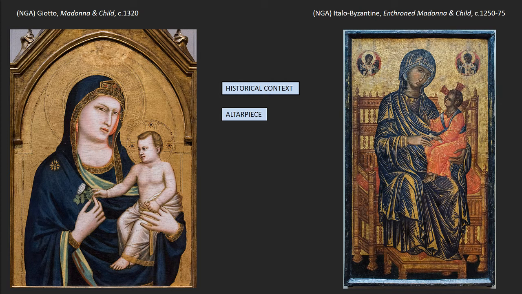But Giotto's is from an altarpiece that was a different format from the one on the right. Knowing that these were altarpieces helps us to determine how they would have been seen. The one on the right is fairly large. I don't think I have the dimensions here, but it's roughly 4 feet tall or so. And in churches in the Renaissance, Italian churches in particular, there was the high altar.